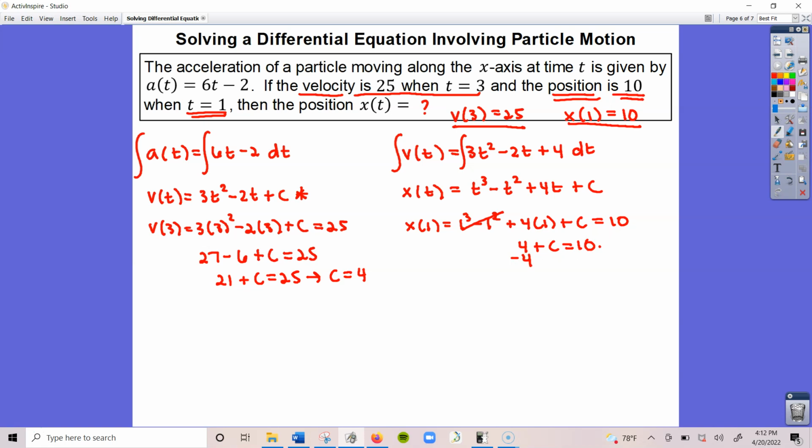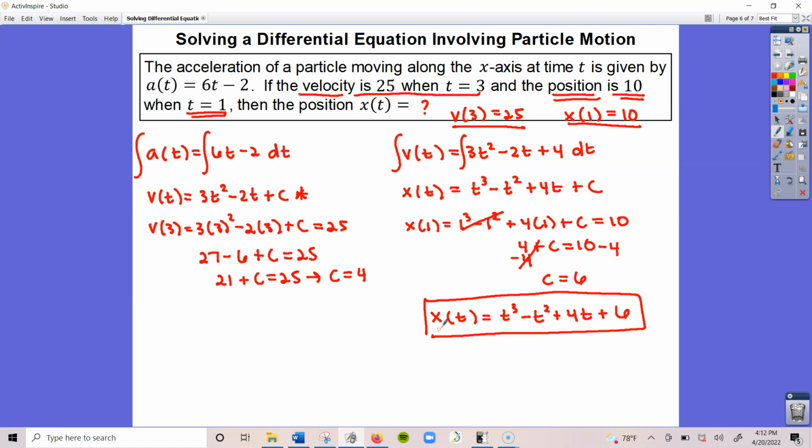If I subtract 4 from both sides, I get that c is equal to 6. So my particular solution, x of t, is going to equal t to the third minus t squared plus 4t plus 6.